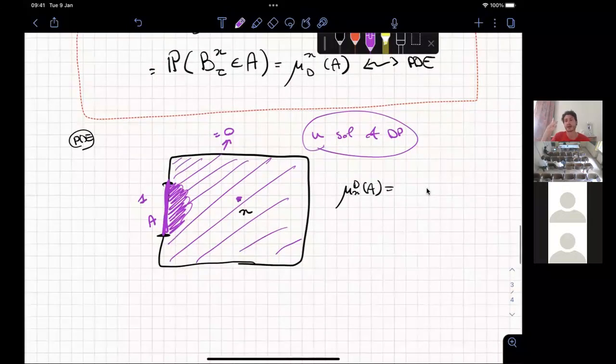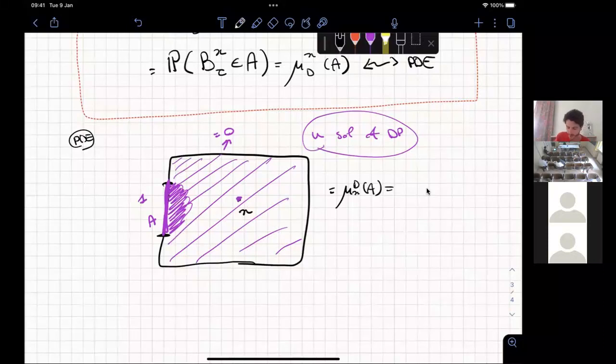So this is how to look at the harmonic measure from the PDE perspective. So prescribe the boundary condition, find the solution of that PDE, and then look at small x. Then you will obtain the harmonic measure of A.